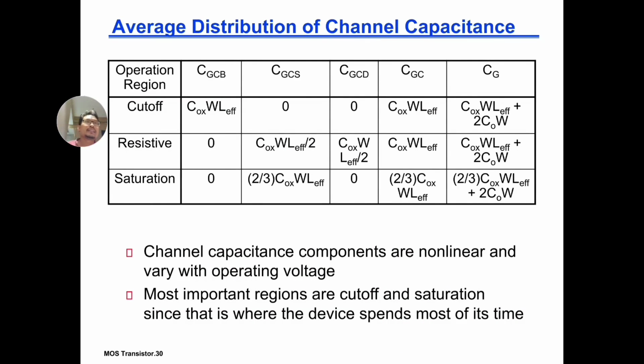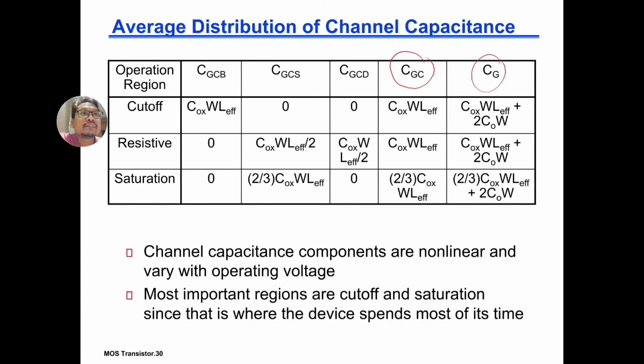The interesting part here is that we want to look at the total gate to channel. Total gate means including the overlap, and here is the gate to channel without the overlap. Remember, gate to channel is gate to channel source plus gate to channel drain.